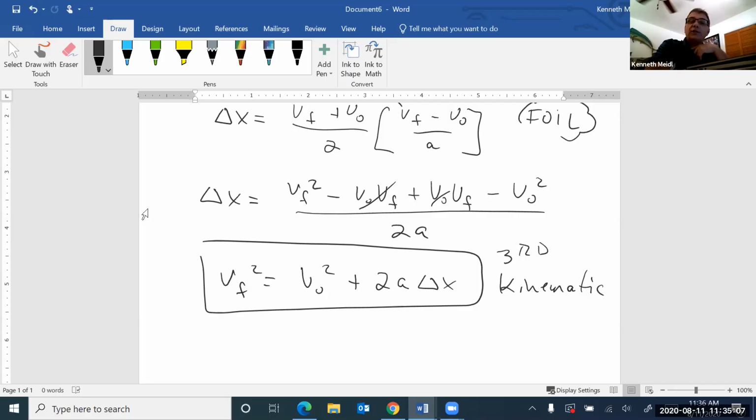Acceleration must be constant, which is why it works for things like falling bodies, because near the surface of the Earth, there is just one rate that it happens to accelerate objects, this 9.8 meters per second per second. So the kinematics are true, but acceleration must be constant.